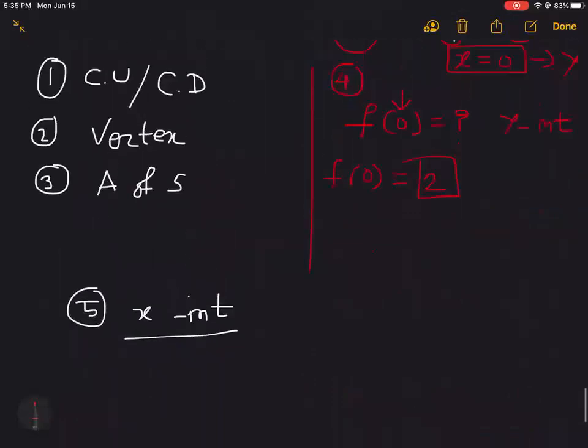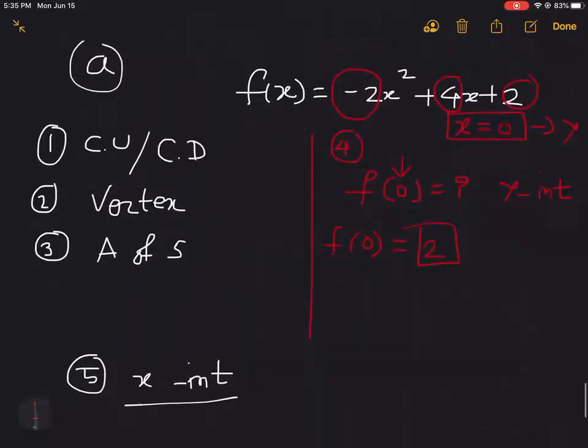So our a is -2, b is 4, so b squared is 4 squared minus 4ac. 4a is -2, c is 2, so it's 16 plus 16. Did I do it wrong? b squared minus 4a and c.